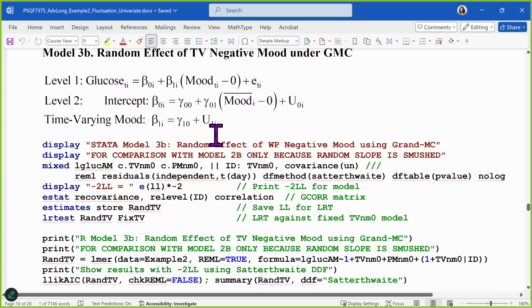But if I follow this U over to beta 1 and bring it up here, U1 is multiplying the original version of the time-varying predictor. But didn't we just say that's bad and we needed to put in the person mean? So this random slope here is actually smushed too.